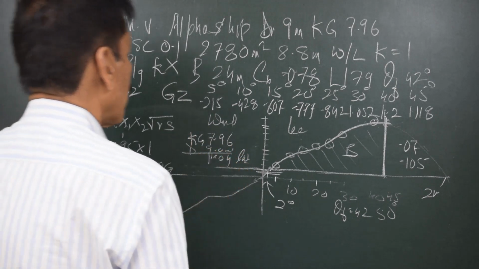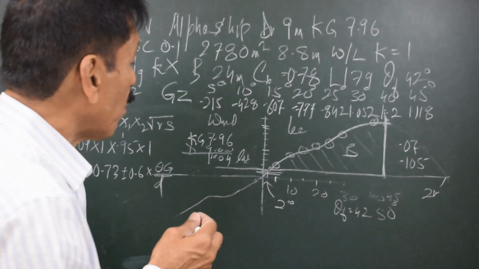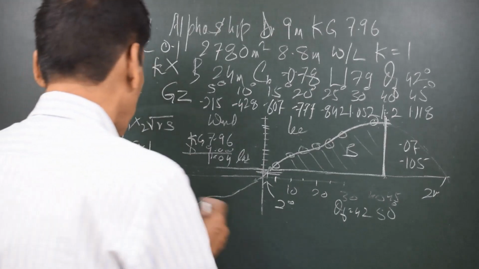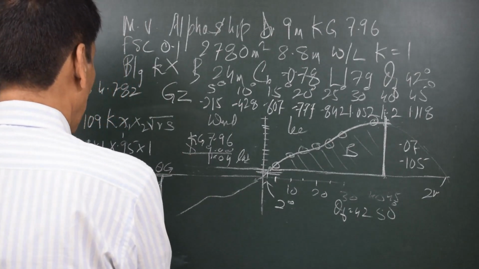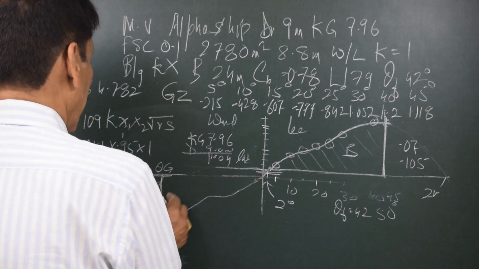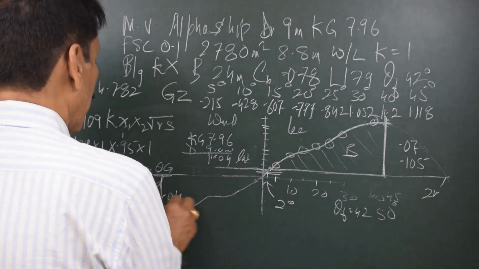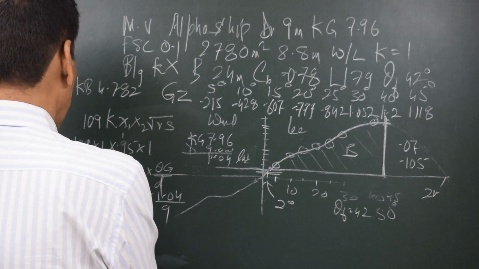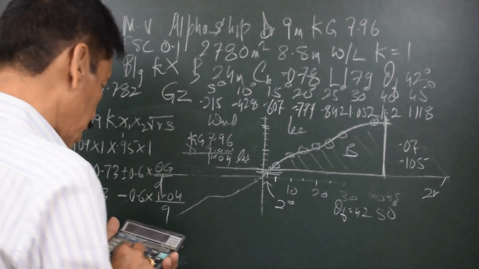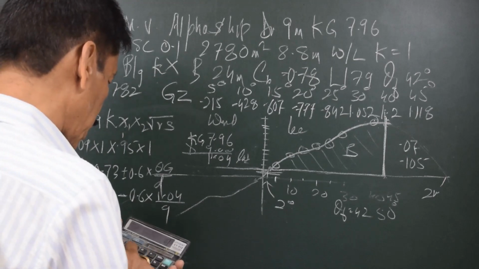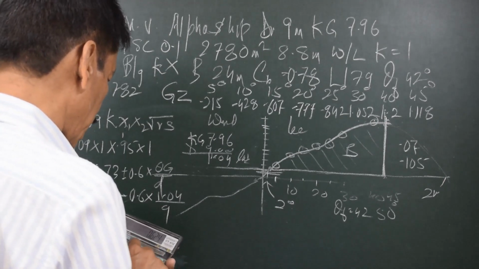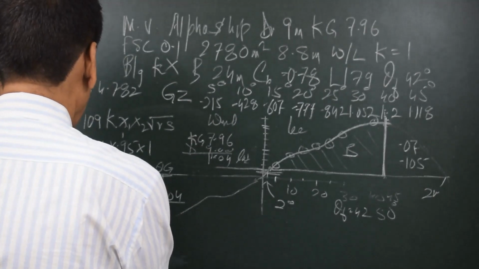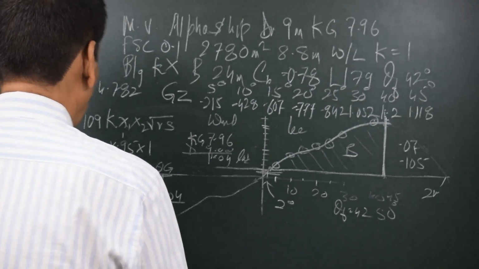The center of gravity is underwater because KG is less than the draft of the vessel, so we take minus instead of plus. So it will be 0.73 minus 0.6 into 1.04 divided by 9. Let's find this: 0.6 into 1.04 divided by 9 gives 0.661. So 0.661 is the value of R.